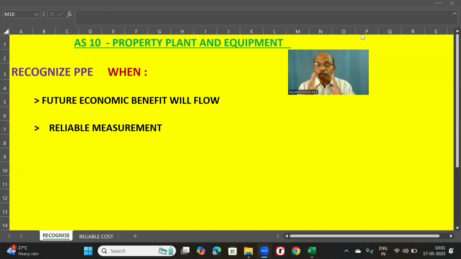Next, if you get a property for free or as a part of the deal, an expert valuation report can be used to find a reliable cost. Now, for imported assets, customs duty documents and bills can help prove the cost. In certain cases, if you acquire an asset in exchange for another, you can use the fair value of the asset given up, provided that value is more clearly measurable.